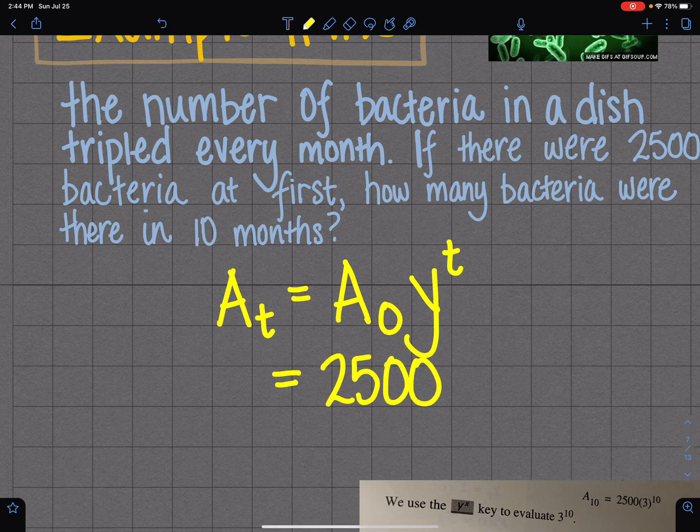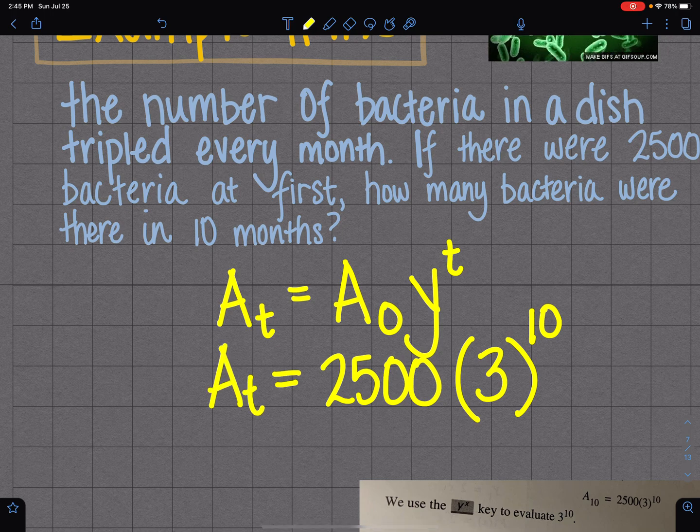Now what's y going to be? It says that it triples every month. So for y, I'm going to put in 3. And how many months went by? Because that's the t, that's going to be the exponent. And it says after 10 months. And this is all going to be equal to the amount that you have after 10 months. So instead of A_t, I'm going to write A_10, A sub 10, after 10 months.